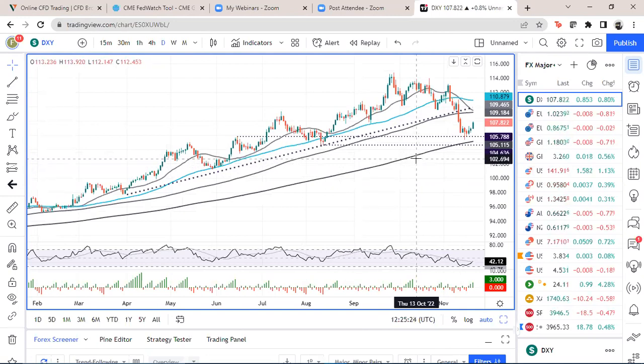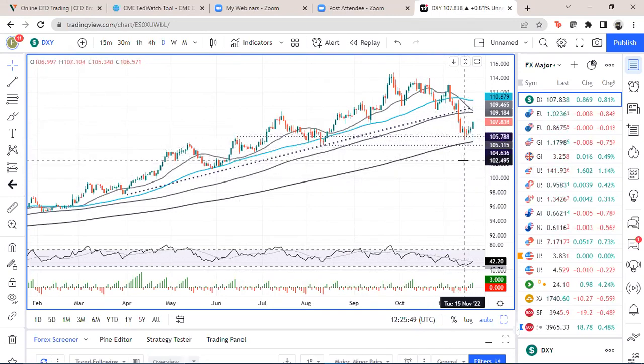Always bear that in mind when we look at the DXY. But yes, we've got the 200-day moving average at 105.11, sorry, but I've also got these highs here, 105.78, and then also some support around 105.11.